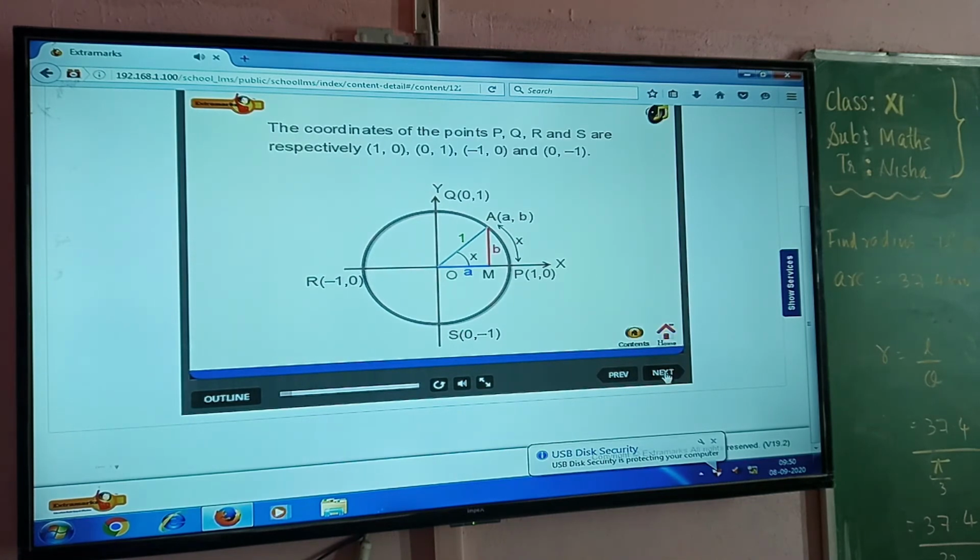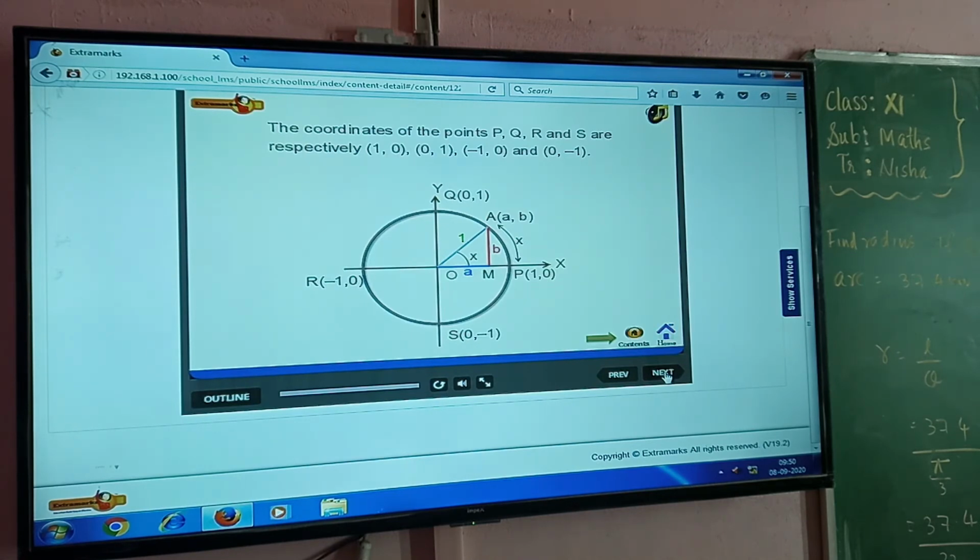The coordinates of the points P, Q, R and S are respectively 1, 0, 0, 1, minus 1, 0 and 0, minus 1. This we have already discussed, what the points PQRS are. Since a 1 centimeter radius circle is drawn, P is the point 1, 0.